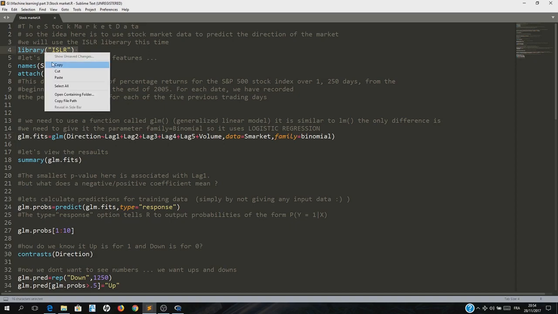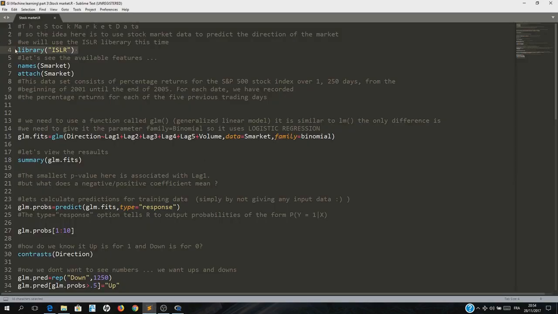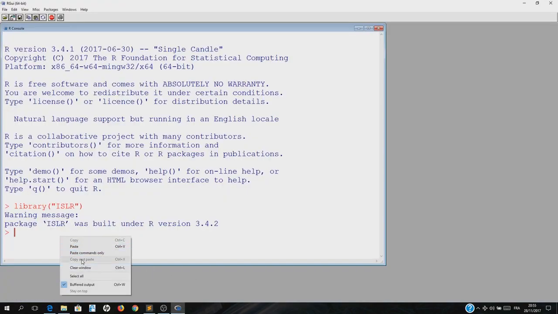Let's first call the library. This is just a warning, you can ignore it. I think we used this function last time, but we didn't use that one. This function is just for giving us the names of each column that we're going to use.